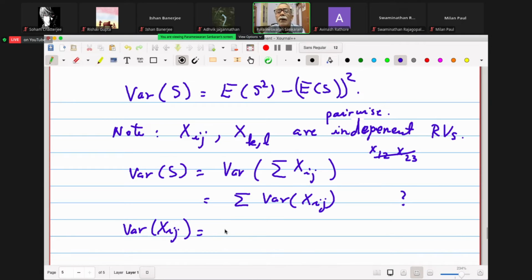What is this? This is E of xij square minus E of xij whole square.